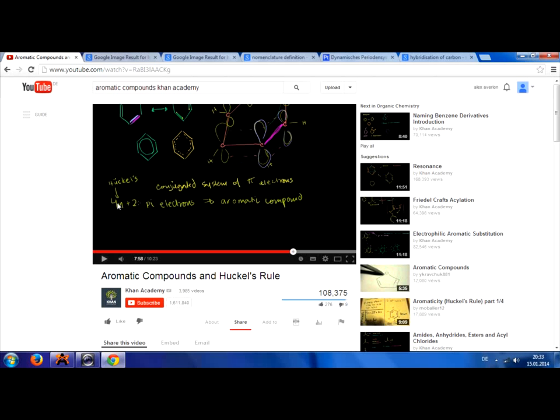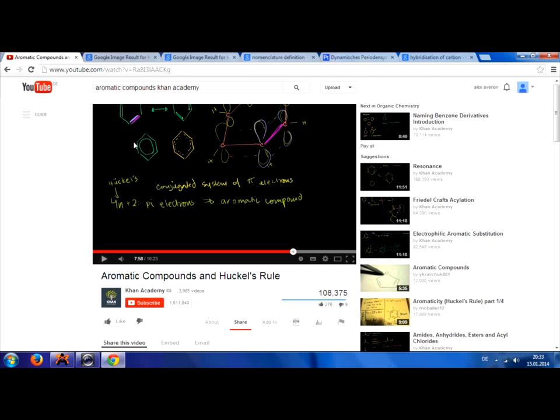So 4 times 1 plus 2 is equals to 6 carbons enabled to have the 3 double bonds sa loob ng benzene ring nito, kaya itong hexagonal shape with 6 carbons na nandito sa every bend yan, no?